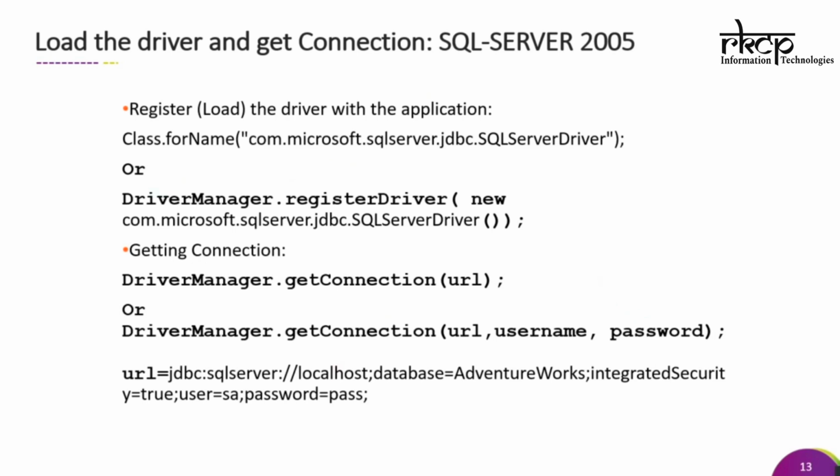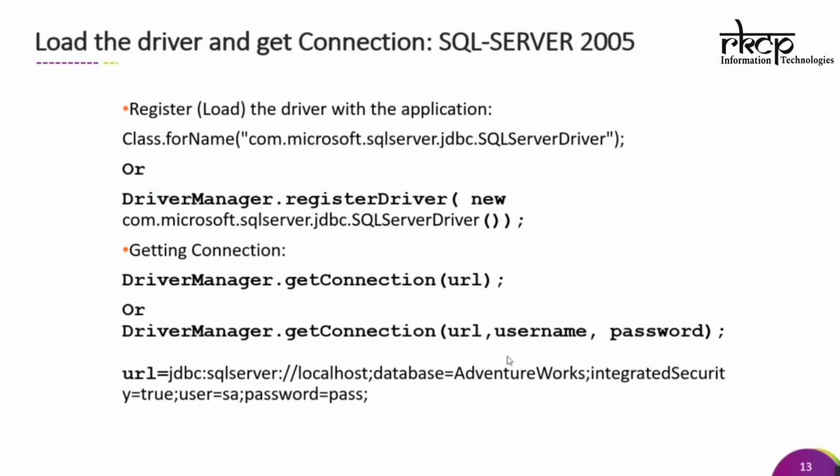For loading the driver, you will use Class.forName, and inside that, you have to pass the driver class name. Here I have given an example based on SQL Server, but in place of that, you have to pass the Oracle driver.